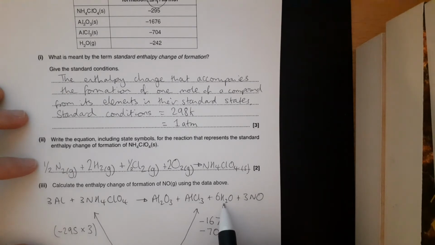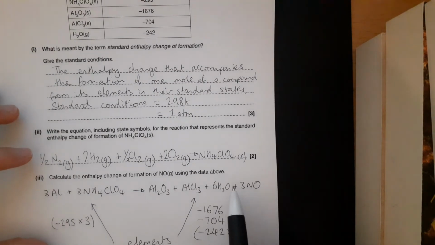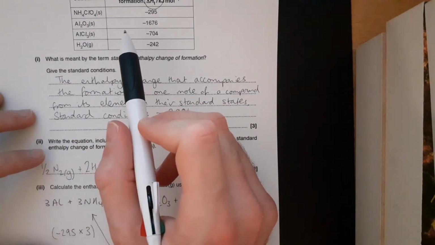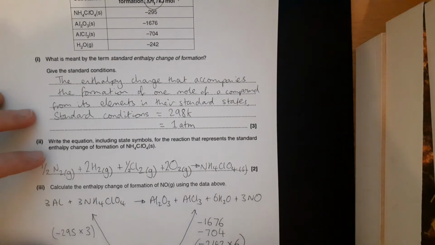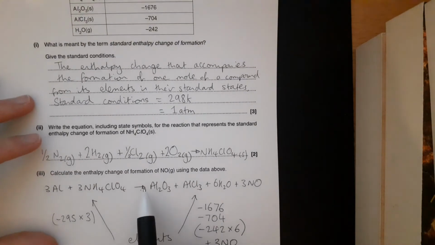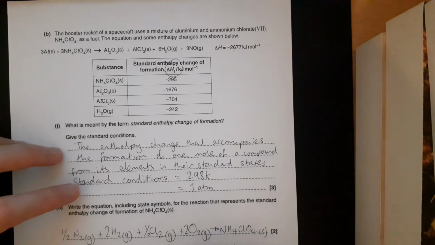We've got 6H2O, so that's going to be minus 242 times 6. And then we've got 3 lots of the enthalpy of formation of NO, which they haven't told us, because that's what we're supposed to be working out, isn't it? So we're going to have plus 3NO here. And so they must have given us this value for us to be able to work this out. So this is the minus 2677 from up here. So that is here.